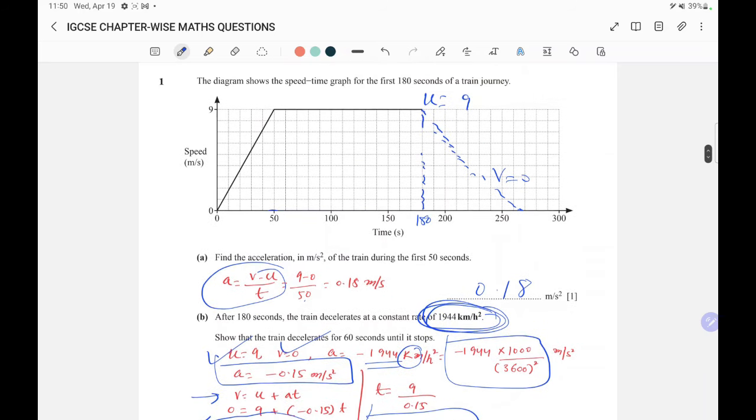Okay, so 60 seconds. So where it will come, let's check. So 10, 20, 30, 40, 50, 60 here.